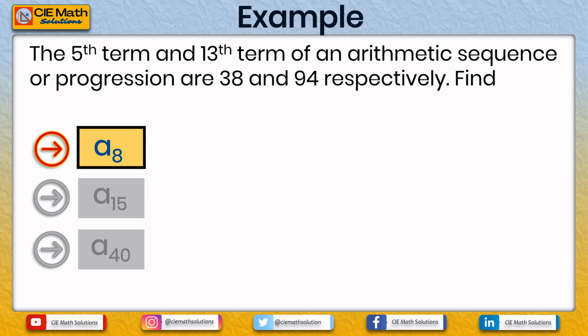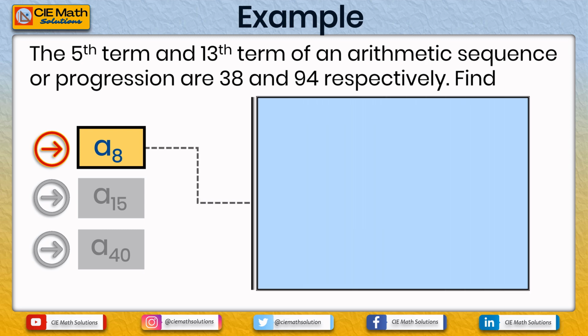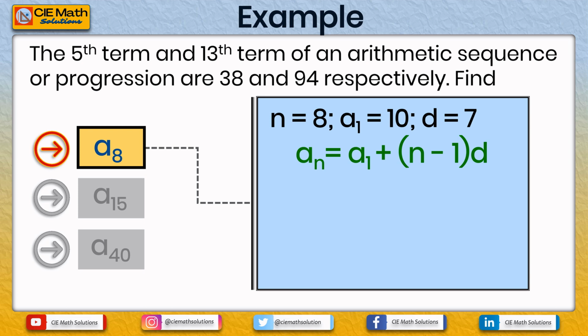We will use another method in finding this term. Instead of using the general rule, we can also substitute the values on the nth term of the arithmetic sequence, using n equals 8, a1 equals 10, and d equals 7. So in this nth term formula, we then have a8 is equal to 10 plus 8 minus 1 times 7.